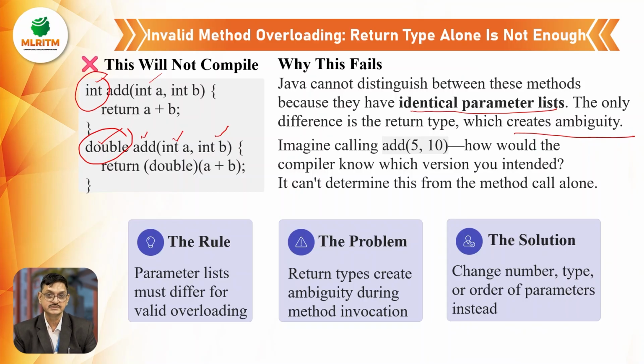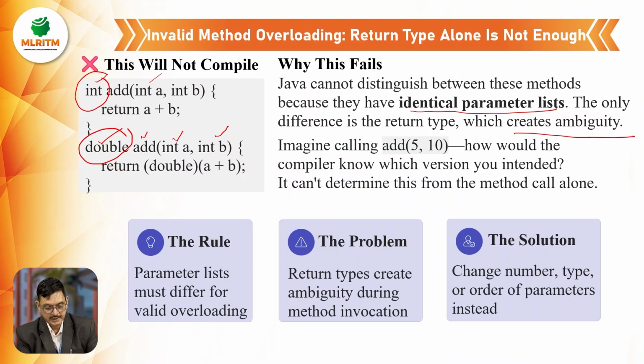The return type is identified only after the operation completes, when we return the data. But for execution, we need to differ the number of arguments, the data type of the arguments, or the order of the arguments. Be careful. If you give the same data types, it always fails.